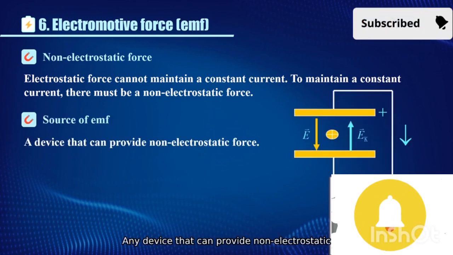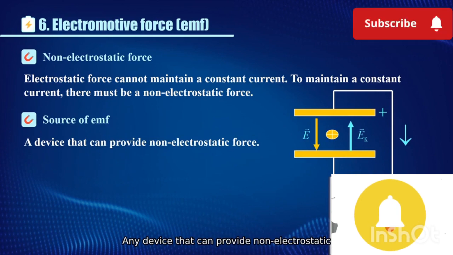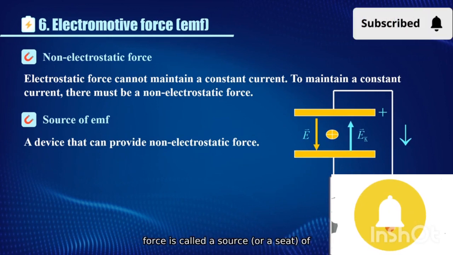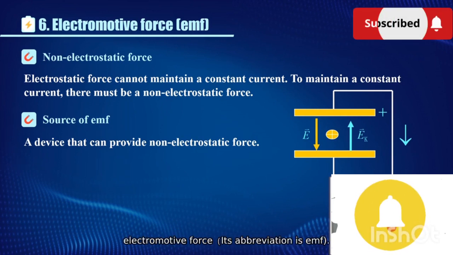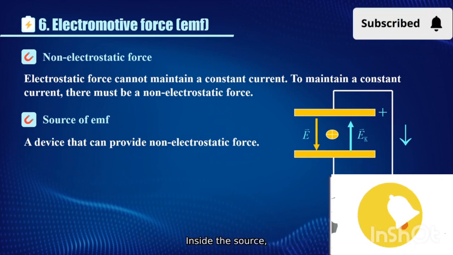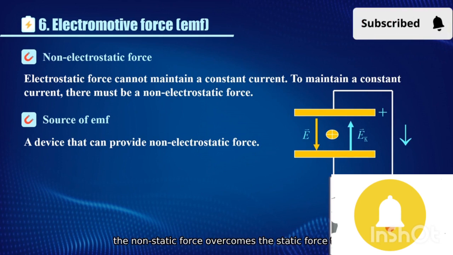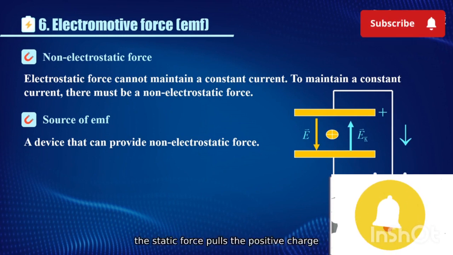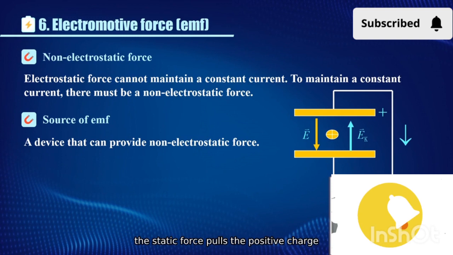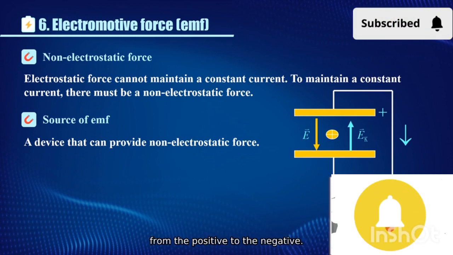Any device that can provide non-electrostatic force is called a source or a seat of the electromotive force. Its abbreviation is EMF. Inside the source, the non-static force overcomes the static force to move the positive charge from the negative to the positive, while outside the source, the static force pulls the positive charge from the positive to the negative.